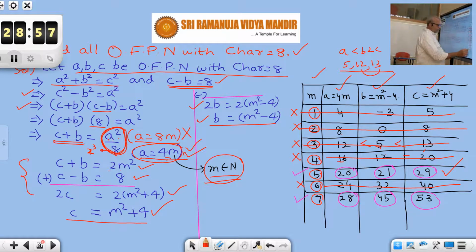So next again you get correct OFPN, 28, 45, 53. So with 20, 21, 29 the list is starting with characteristic 8, and next with 28, next with 20 plus 8, is it not 28? Then you will get 36, next plus 8, 44, and so on. You get infinite number of OFPN.